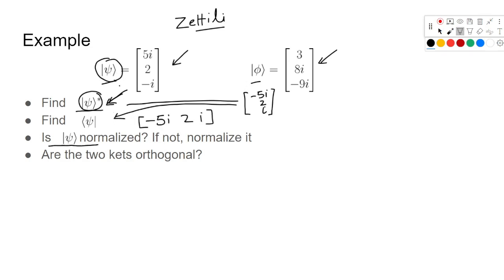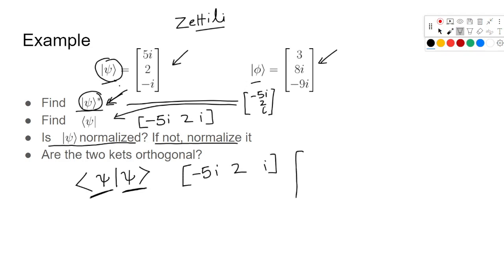Now the question is: is this ket normalized? And if not, normalize it. For this we need to find this inner product. If it is 1, then it is normalized. If not, it is not normalized, and then we need to normalize it. Let's see what this is. We have already found the bra and we have been given the ket, so all we need to do is this multiplication.